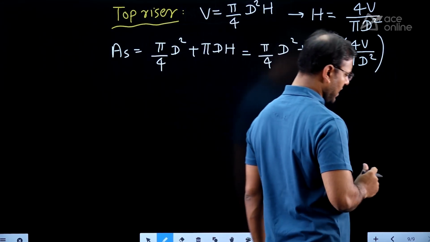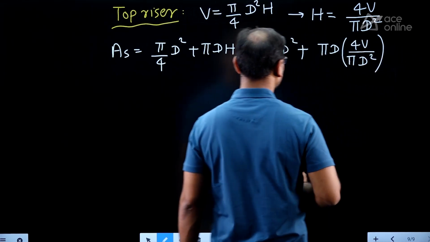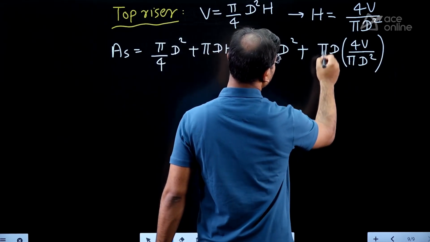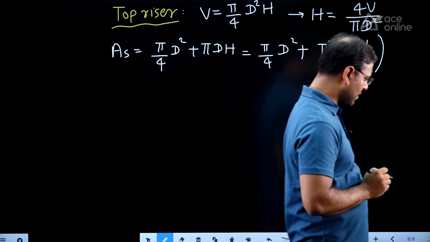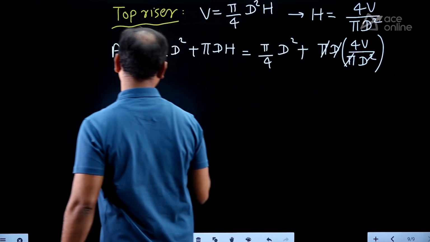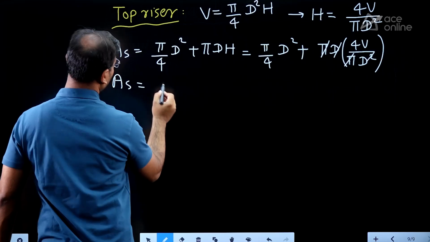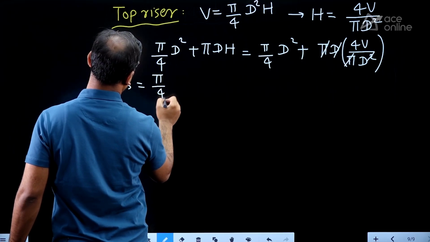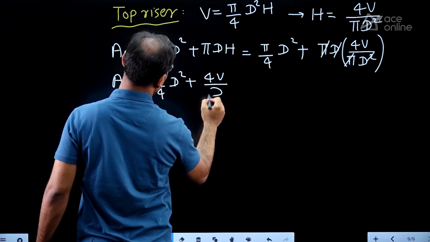Then the pi gets cancelled, and we can write 4v divided by D. Therefore, surface area is equal to pi by 4 d square plus 4v divided by capital D.